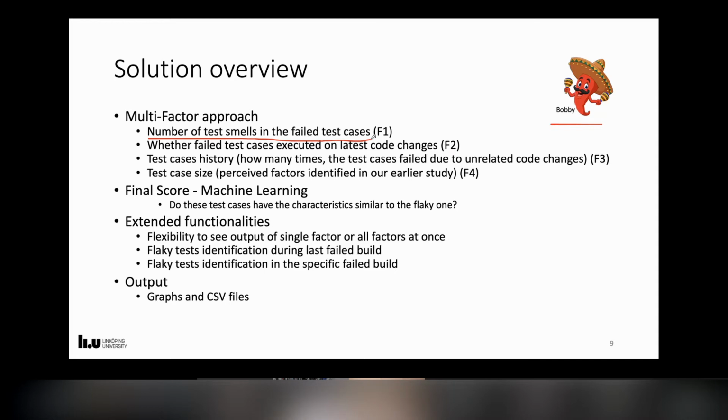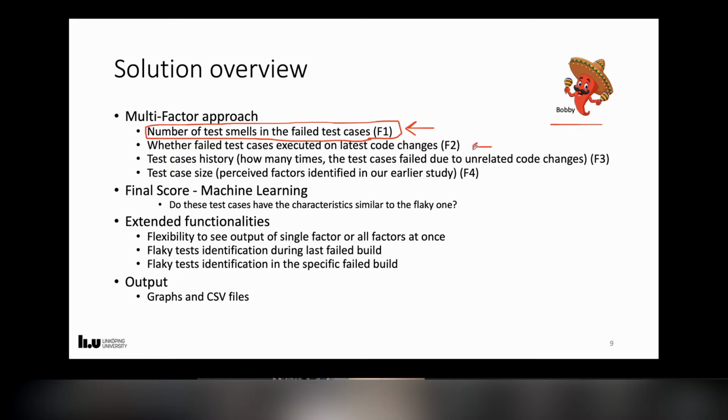And this is proven in academia, in the literature, that if you have specific smells, for example, you are using a random function without a seed, you are trying to access input without checking if it exists or not, maybe other smells, then the test case might be flaky, and you need to look into those test smells, how to handle them, maybe having an antidote for it. This is one factor that Bobby believes makes a difference when it comes to finding flaky tests.